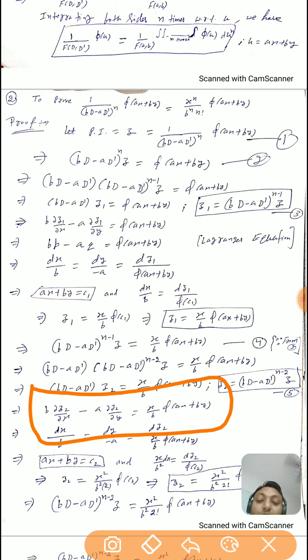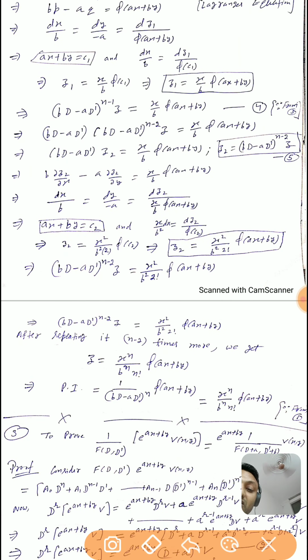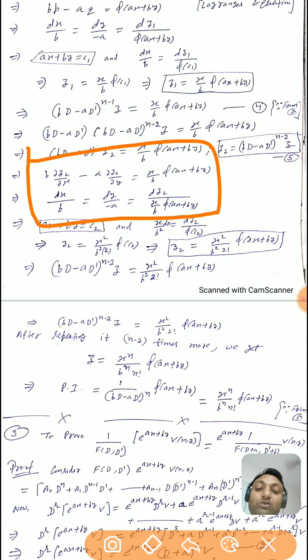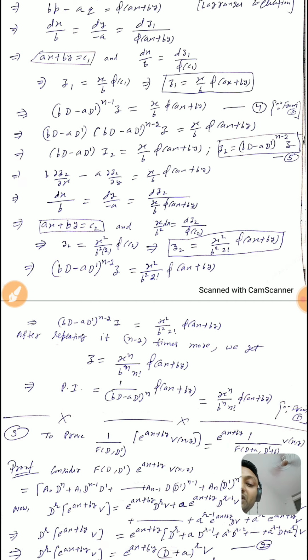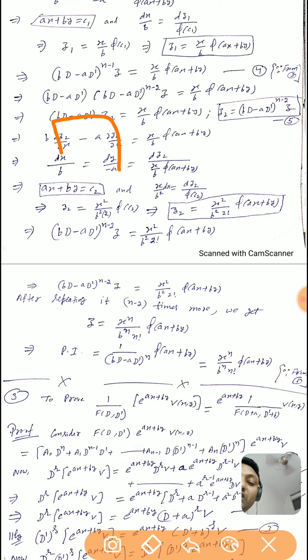Again we will apply the auxiliary equation of Lagrange's method, that is, further we can write it as dx by B is equal to dy by minus A is equal to dz2 upon (x by B) phi of AX plus BY. Again solving the first two equations, we get AX plus BY is equal to another constant, say c2.